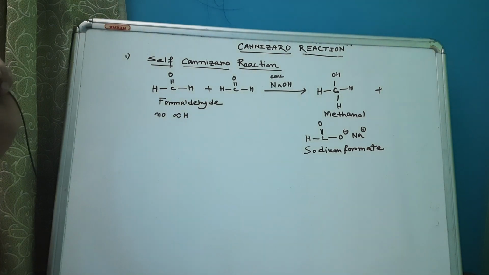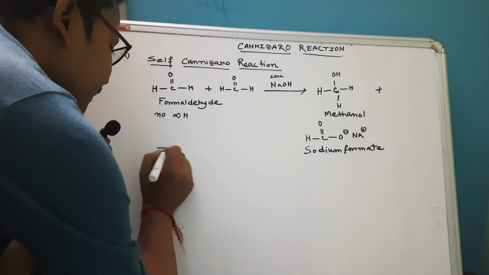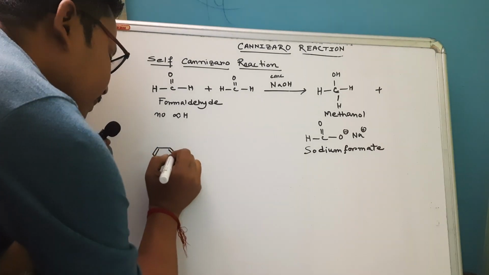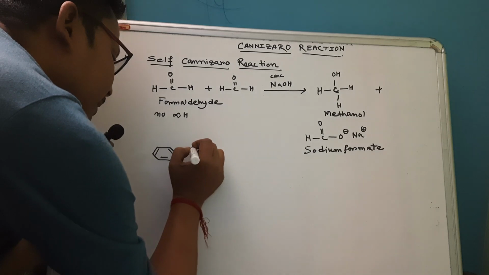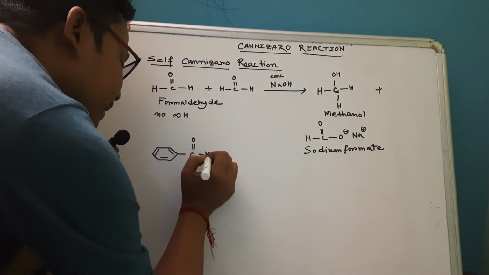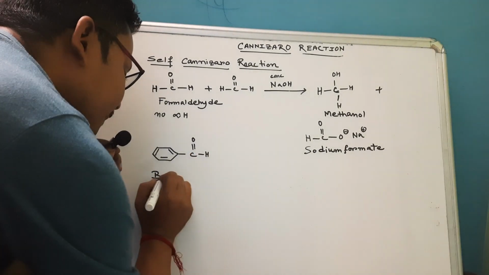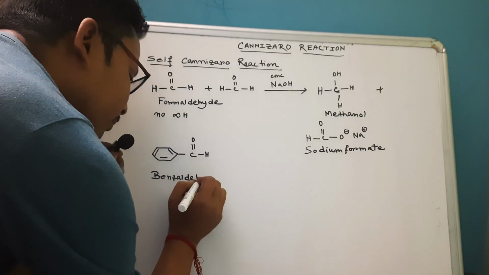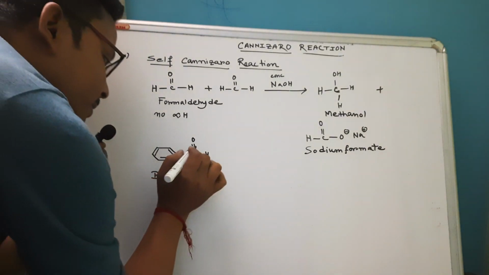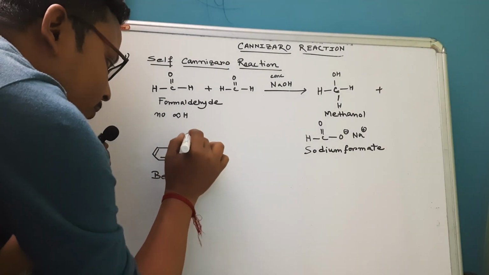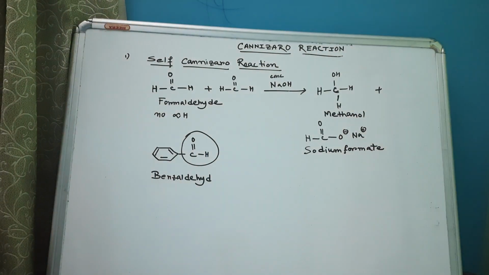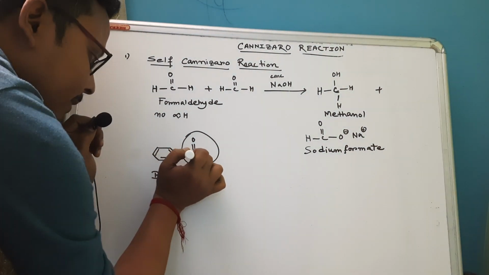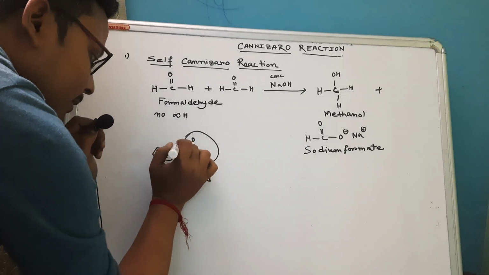Another example I must write. This aldehyde is benzaldehyde. Look, this is the functional group, and the next carbon atom of this functional group is this.